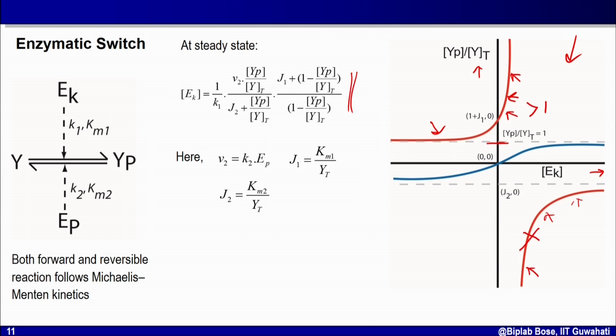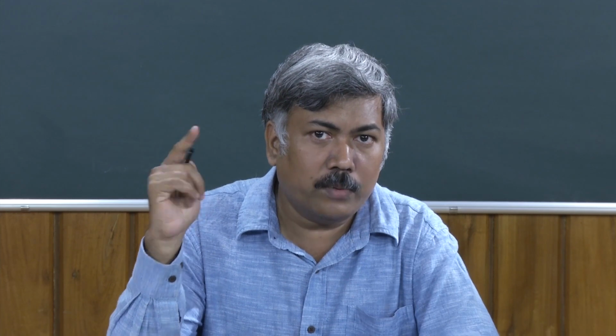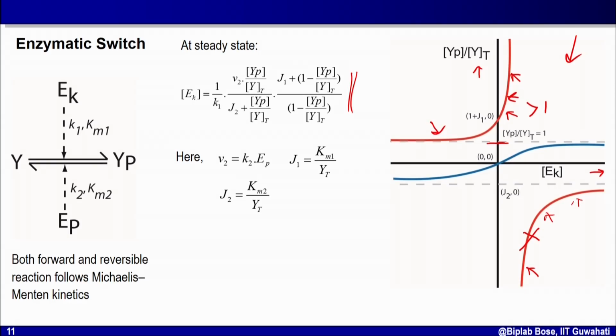Now Yp by Yt is the fraction of the total protein which is phosphorylated, so that can never be bigger than 1. You cannot have more than all of the protein phosphorylated. So the fraction can never go above 1. That means I don't need to consider this red line.